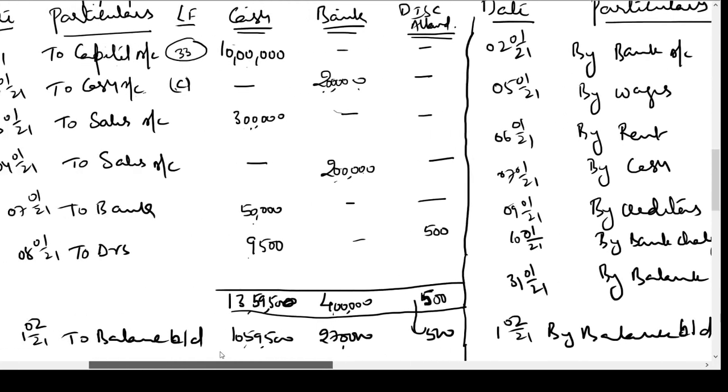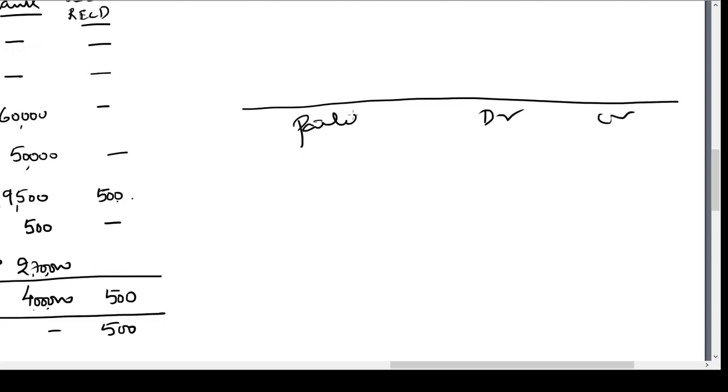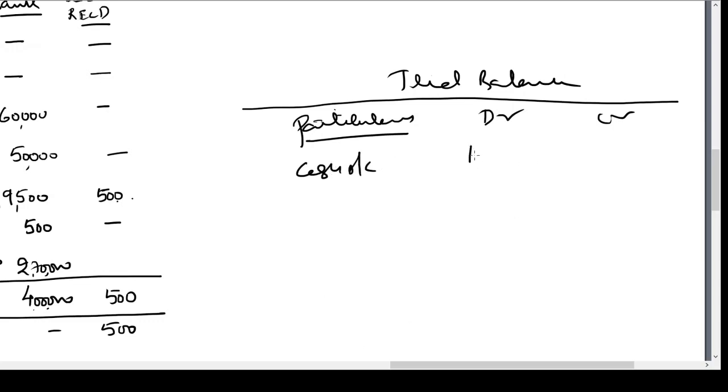Okay, now how do we show these things in the trial balance? If I prepare my trial balance, debit, credit, my particulars column, I will write cash account. Cash account has a balance of 10,59,500.